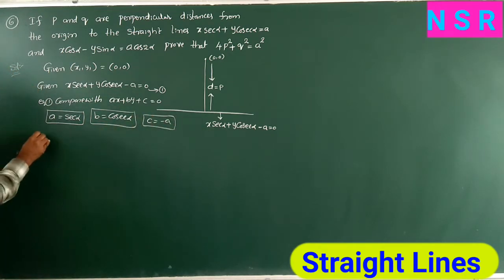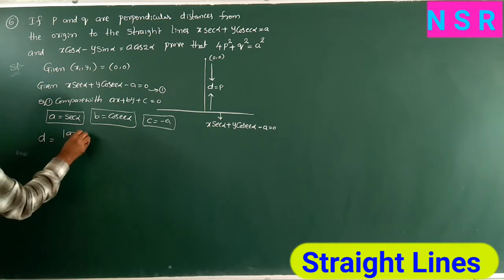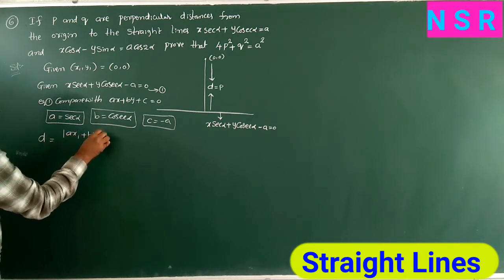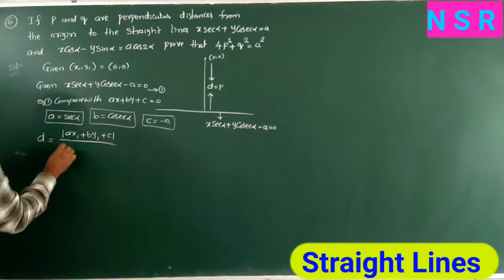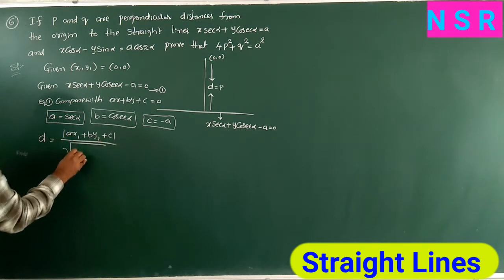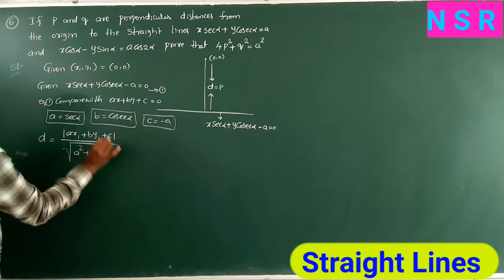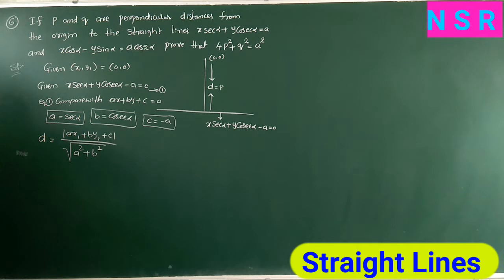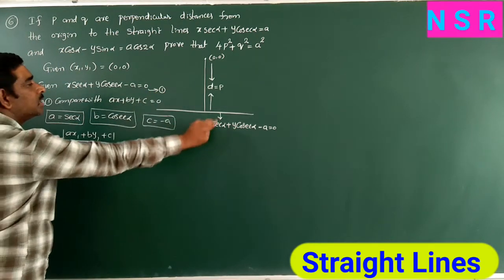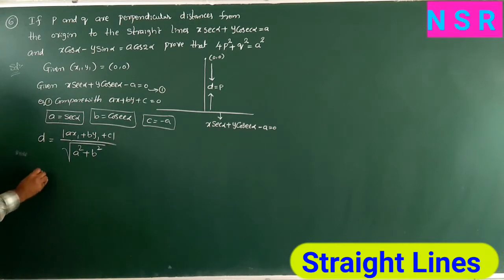Here for the perpendicular distance d we have the formula d equal to mod of ax1 plus by1 plus c by square root of a square plus b square. In our question, the first perpendicular distance from the origin to the line is p, so d is equal to p.